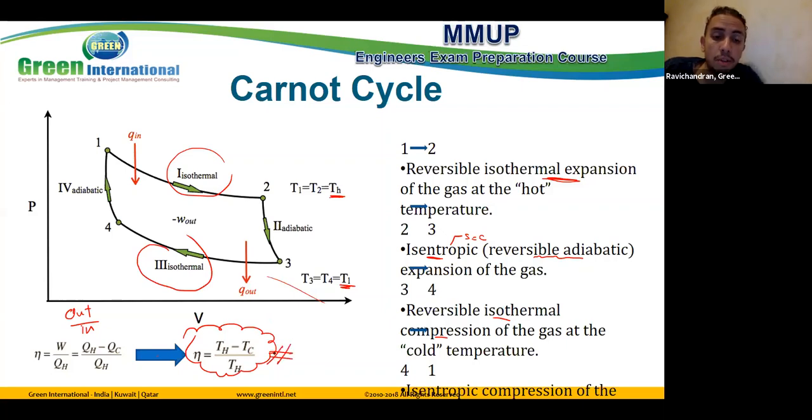This is an important equation because it is very simple, and it is not given in the exam. If a numerical question comes for the Carnot cycle, this equation is not given. Sometimes I ask you how to increase the efficiency, and we decided to decrease TC.